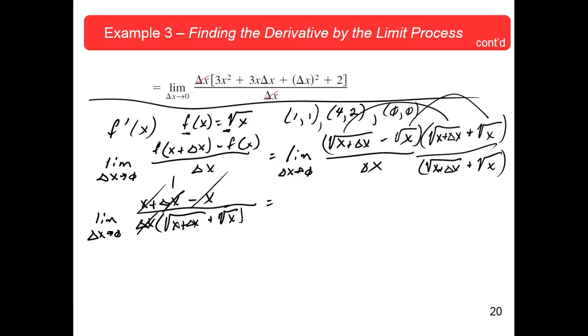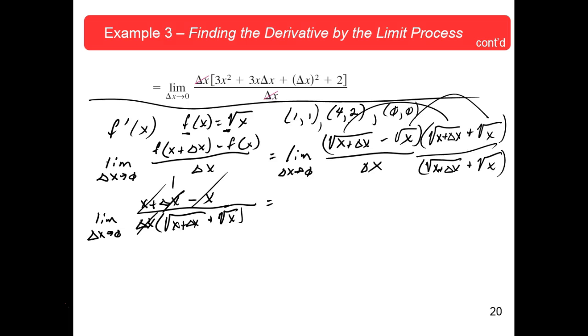If delta x is going to 0, x plus 0 is x, so that would be square root of x plus the square root of x, right?